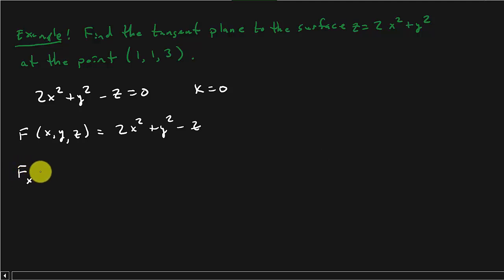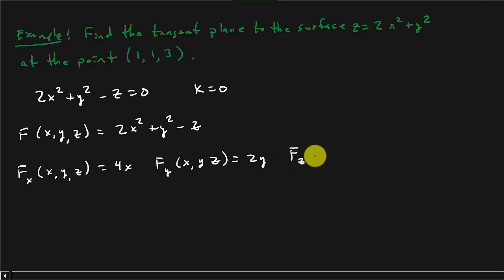So we've got the partial of f with respect to x is equal to 4x, partial with respect to y, that's going to be 2y, and then the partial with respect to z is equal to negative 1.